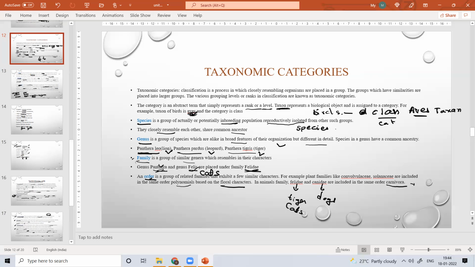For animals, the families Felidae and Canidae are included in the order called Carnivora.